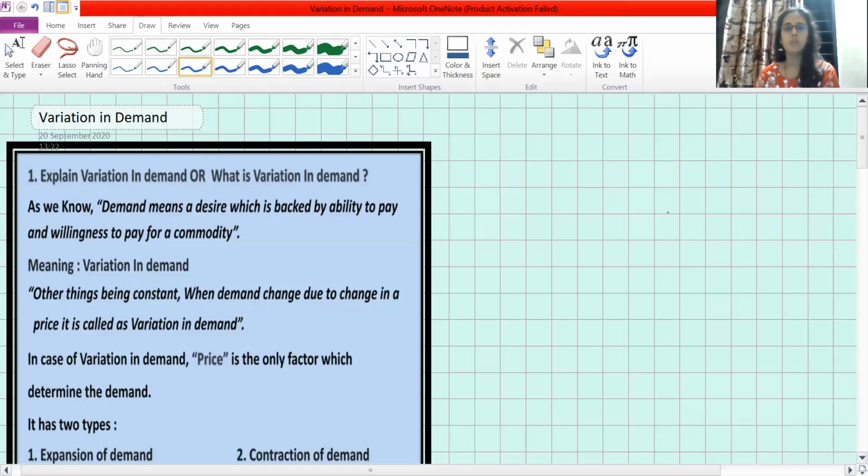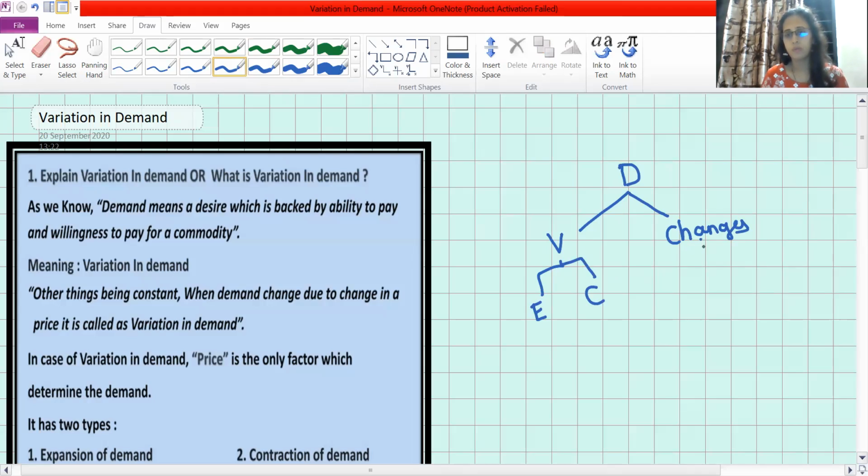See, variation in demand and changes in demand. We are going to study two concepts. Demand is classified into two parts, that is variation in demand and changes in demand. Variation is further divided into expansion of demand and contraction of demand, and changes into increase in demand and decrease in demand.